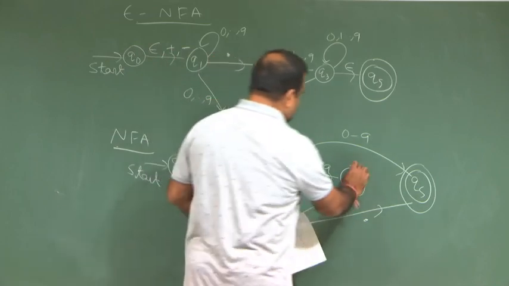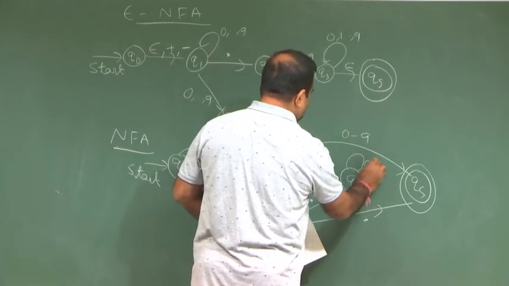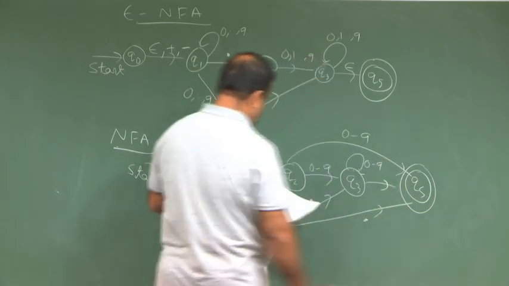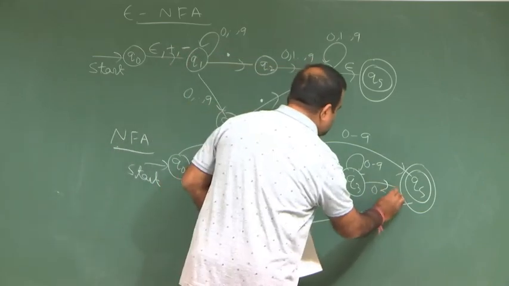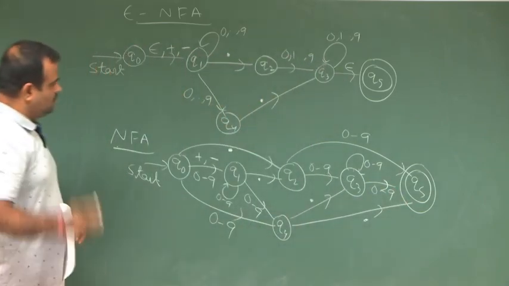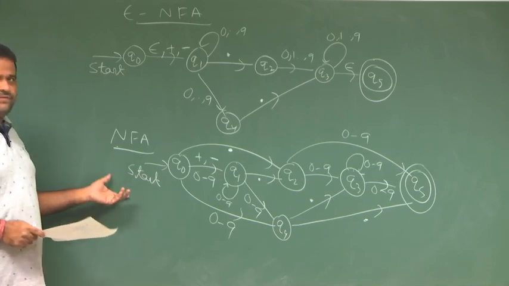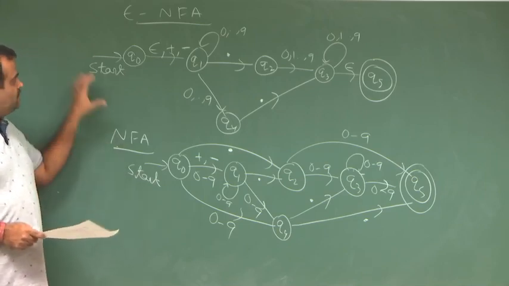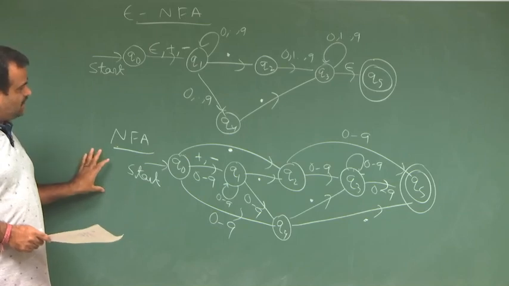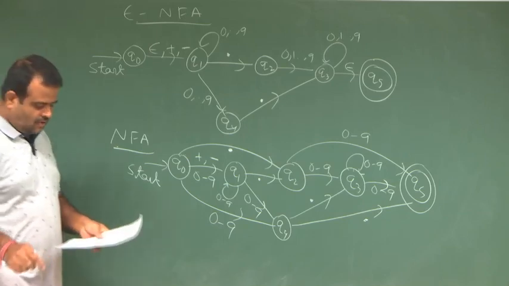And here is a self loop 0 to 9, and here also 0 to 9, any digit between 0 to 9. Okay. So, if this is the epsilon NFA, this is the corresponding NFA.